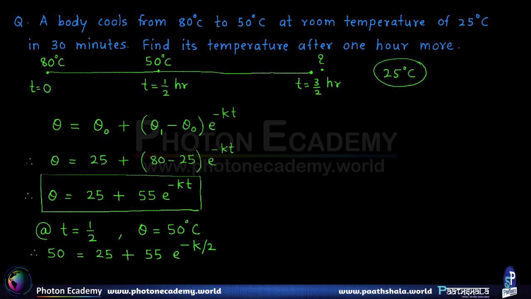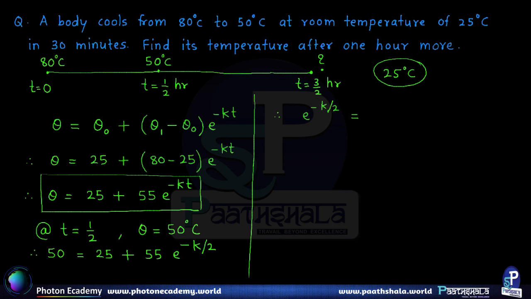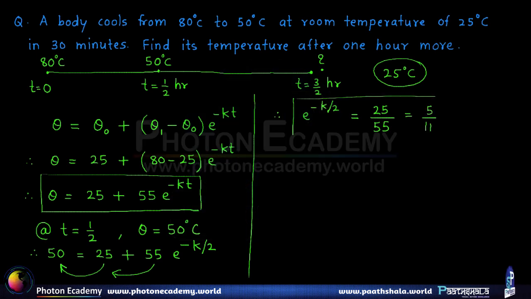Now simplifying further, when we bring 25 to the left side and divide by 55, we get e raised to minus k by 2 as 25 upon 55, which is nothing but 5/11. So we got an important piece of information, that e raised to minus k by 2 is 5/11. Here it's not really needed to get the value of k as such. We'll keep this quantity and adjust it later.